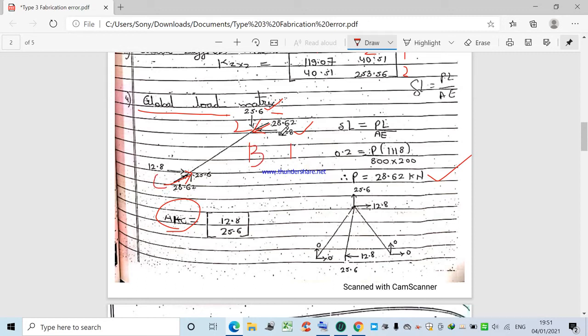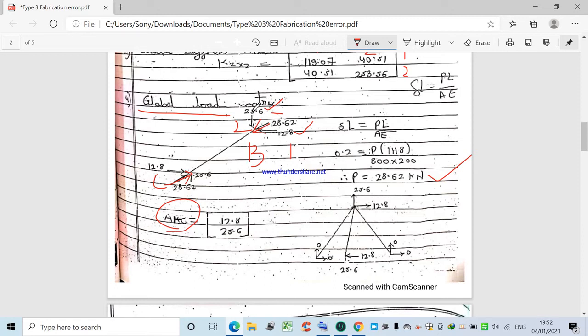So for 1 the member force is 12.8 and here we write 25.6, as both sign conventions are minus, but in matrix form it will be plus. You must remember that, as 12.8 is going in the leftward direction, as per the normal rule of summation of Fx it will be treated as minus, but while writing in matrix form it should be written as positive.